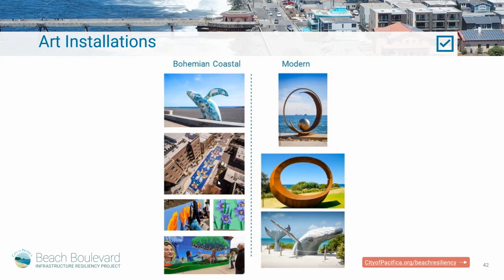Once the polling question is up, we'll have about 20 seconds to pick between the two. All right, I'm going to end this one. And pretty even, slight preference for modern in this case.